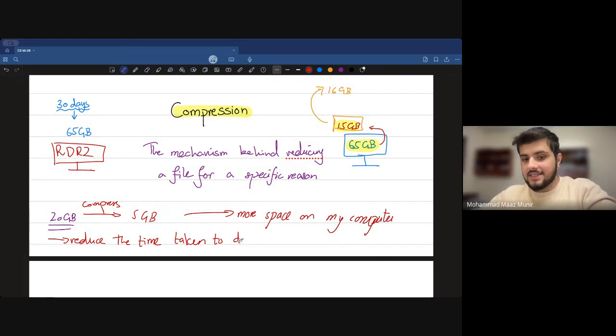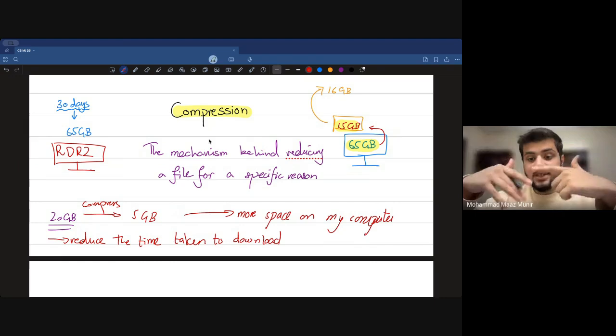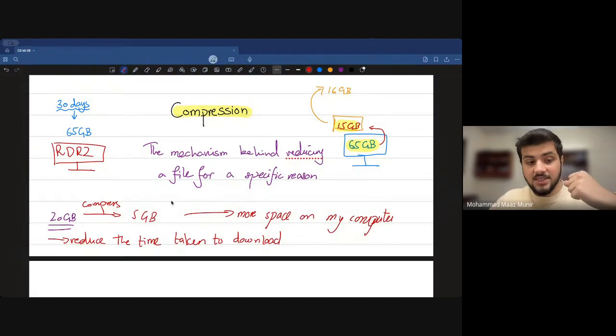And just like that, if I ask you to upload a specific game file onto WhatsApp, WhatsApp पे आपने file upload करनी है, and that file is of like maybe 1 GB. Now 1 GB is way bigger in comparison to like 100 MB. So if I want to upload something and I use a compression mechanism जिससे उसकी file size छोटी हो जाए, तो it's going to be uploaded way earlier, right? It's going to be uploaded faster. So I can also say that it reduces the time taken to not only download but also upload.